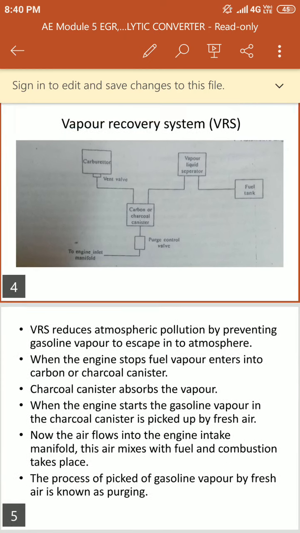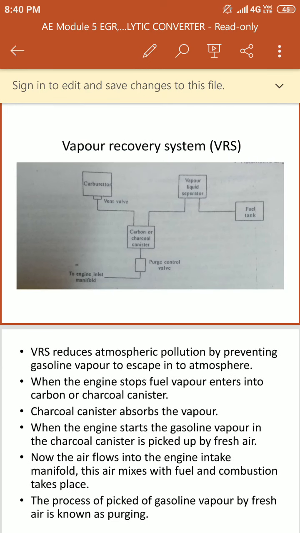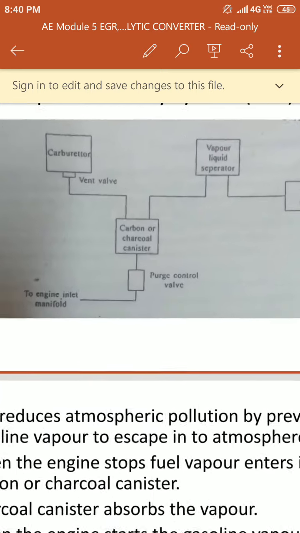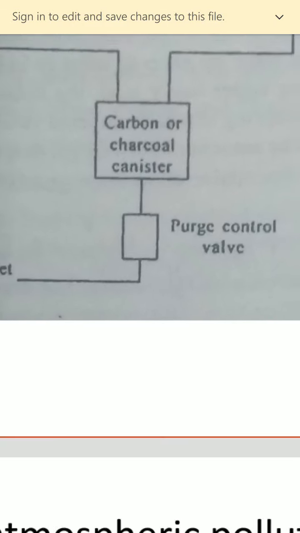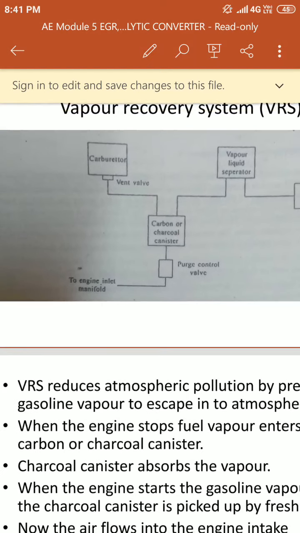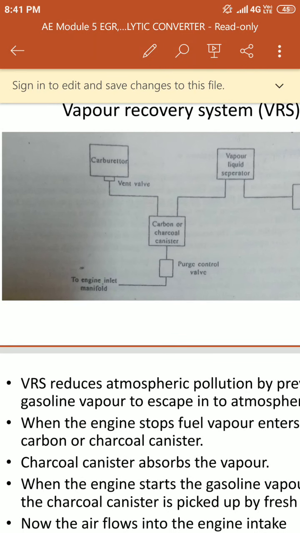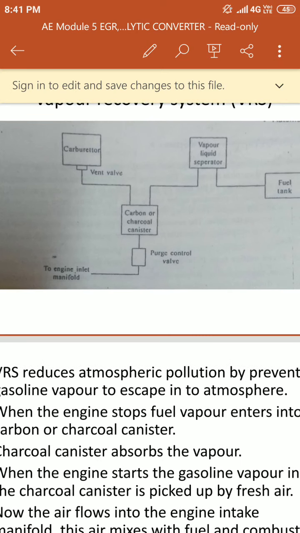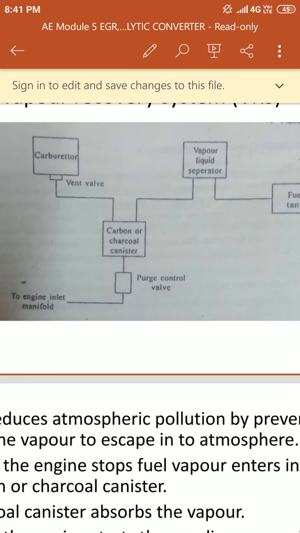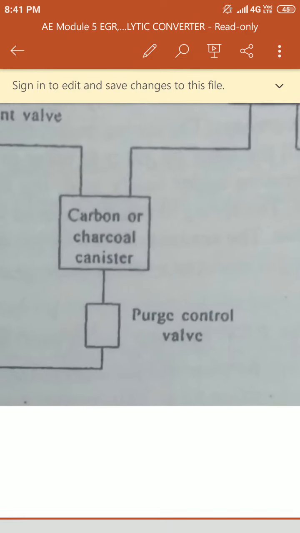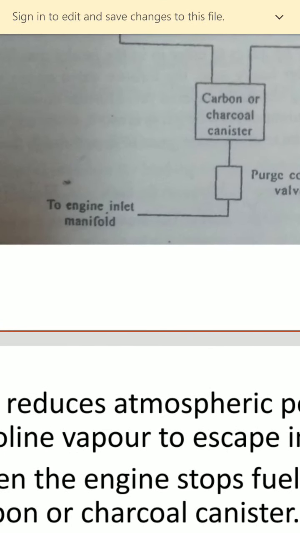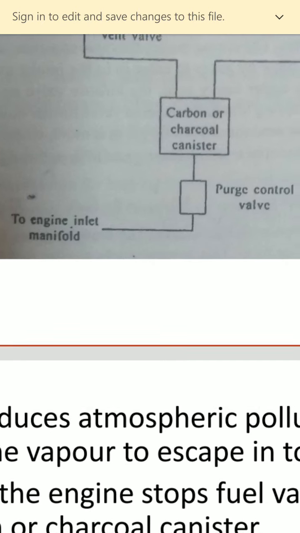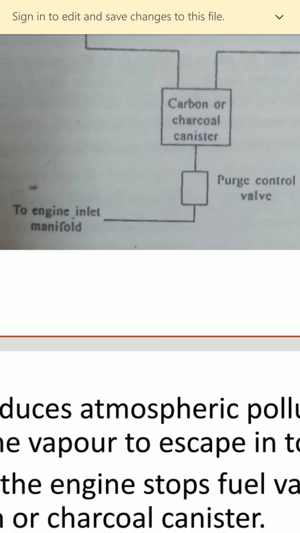Now the working. When the engine stops, the fuel vapor enters the carbon or charcoal canister. You know that charcoal absorbs the gasoline vapor. Next, whenever the engine starts, fresh air picks up that gasoline vapor and enters the engine manifold, and combustion takes place.